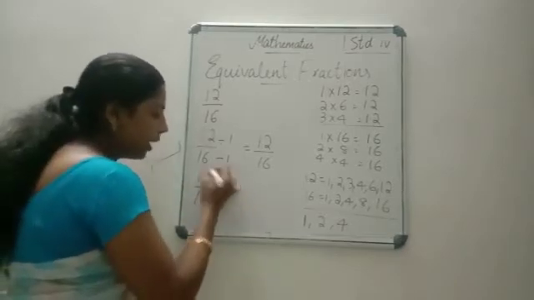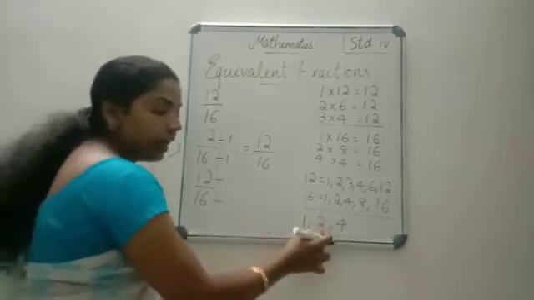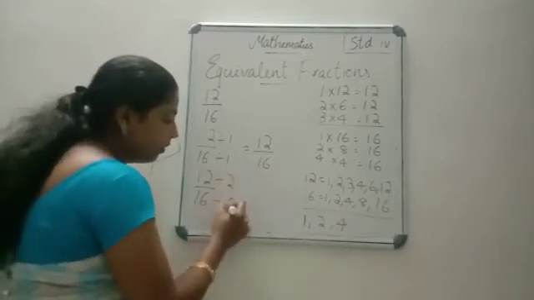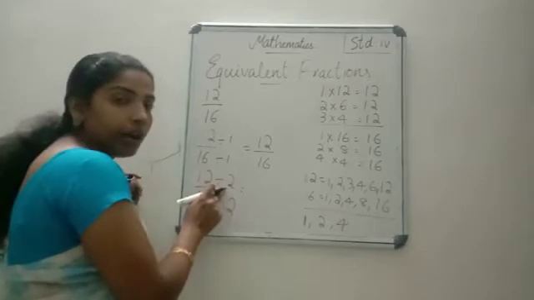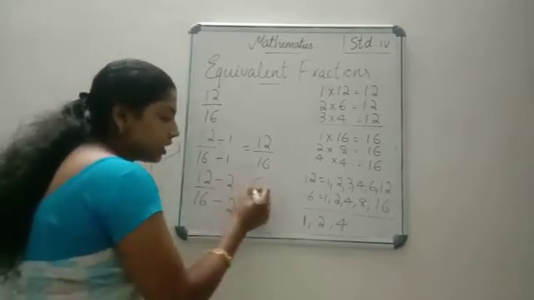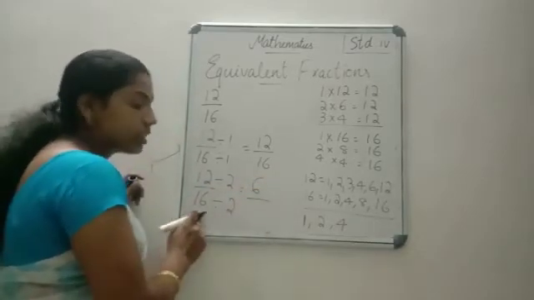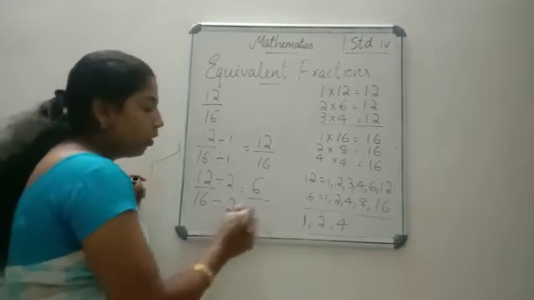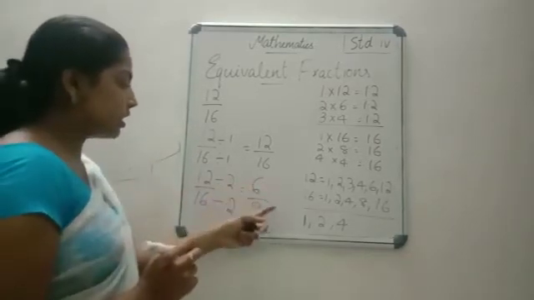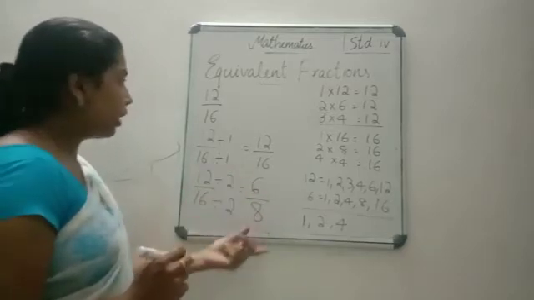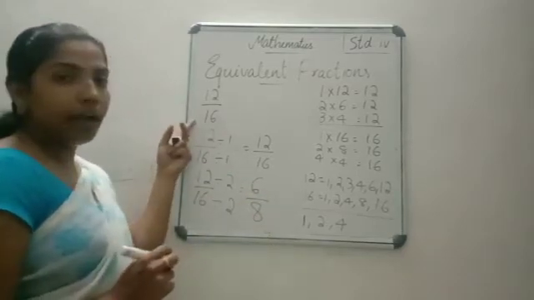Divide the numerator and denominator with 2. 12 divided by 2 is 6, and 16 divided by 2 is 8. So 6 by 8 is an equivalent fraction of 12 by 16.